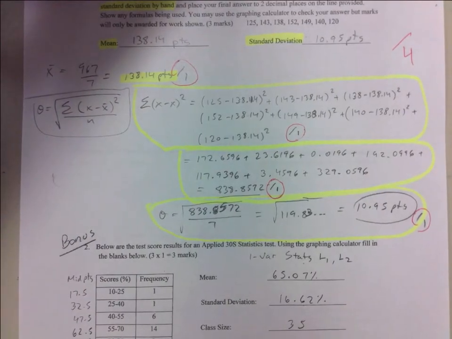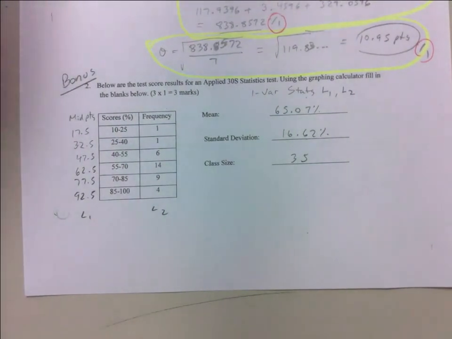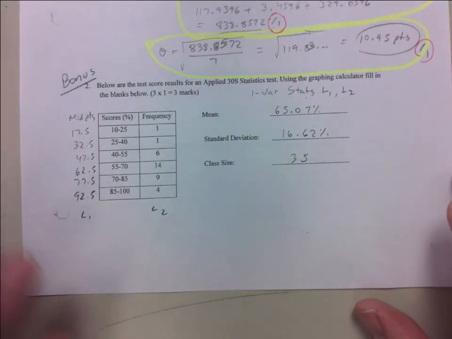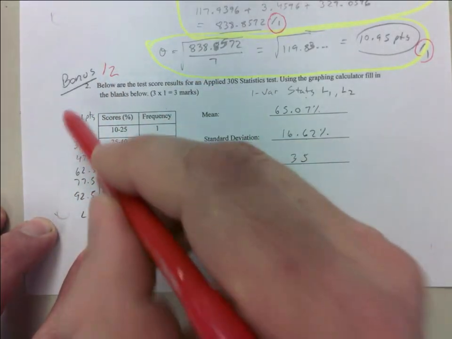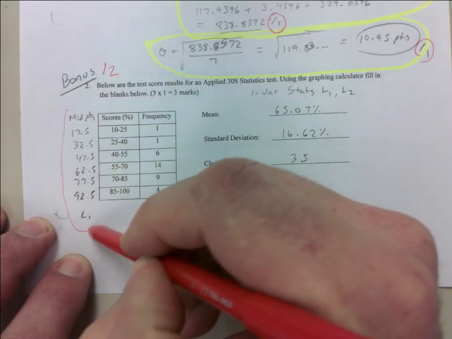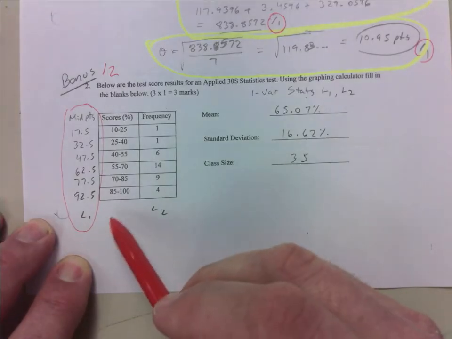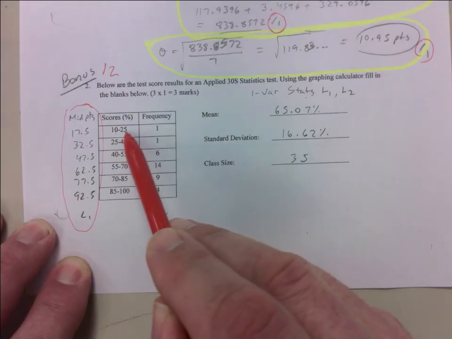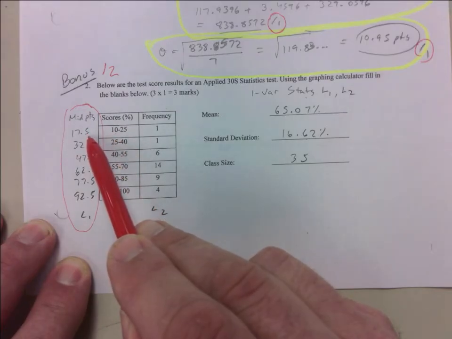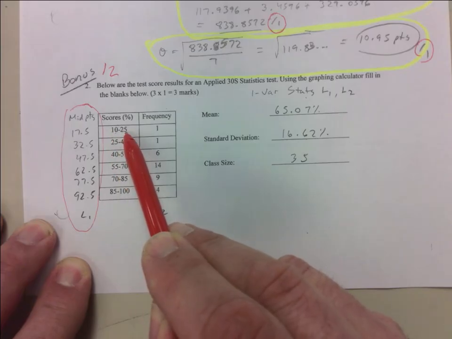Let's do the bonus right away. I would say the only way you're going to get the 2 bonus marks is if this must be there, okay? Or else you're not in the game, okay? So what needs to happen first when you have an interval like this, you need to find the midpoints, and you do that by adding these 2 and dividing that answer by 2.